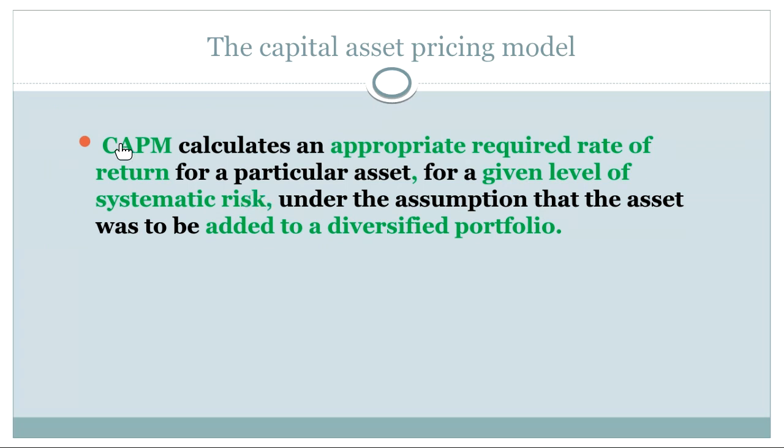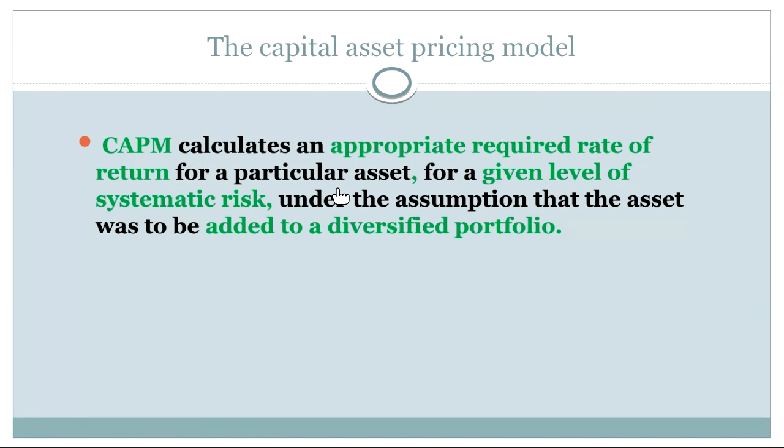CAPM calculates the appropriate required rate of return for a particular asset, meaning if I am an investor and I am wanting to purchase a particular investment, I need to know what rate of return I should expect from that asset given that asset's general risk level.